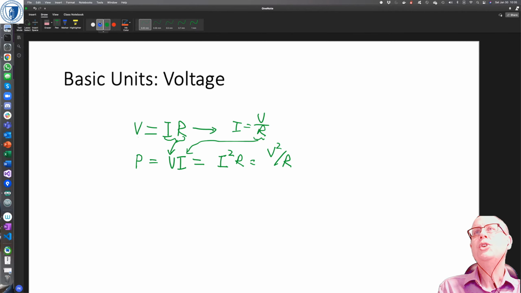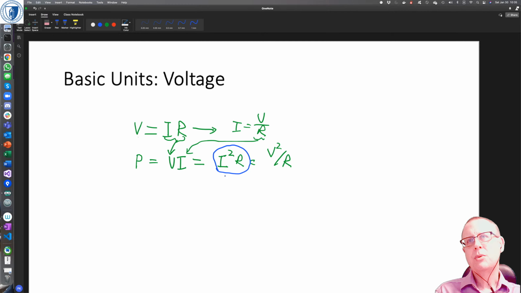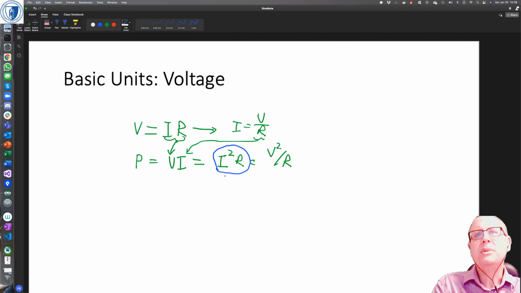What you'll find is a lot of power companies don't talk about the losses that they have in terms of V and I. And the reason they don't is because their power networks change voltage quite a bit around as they ship power to your house.